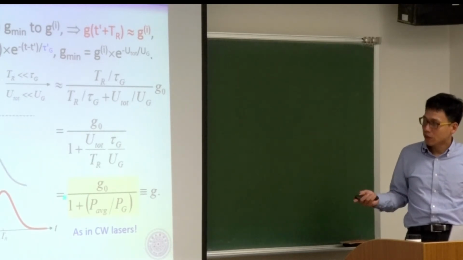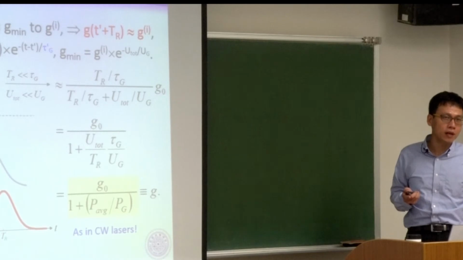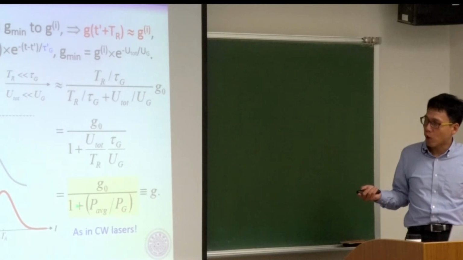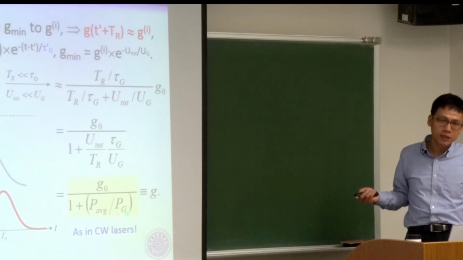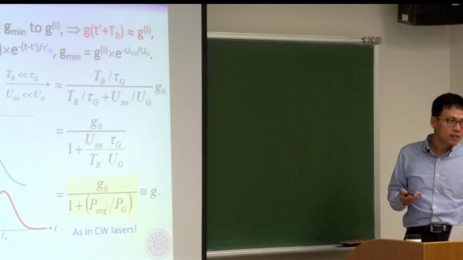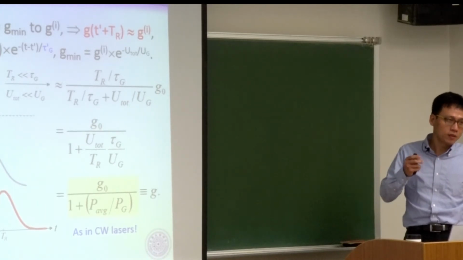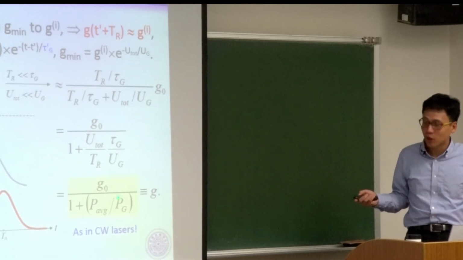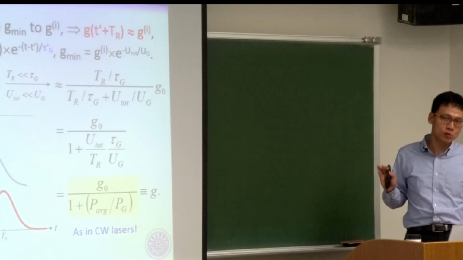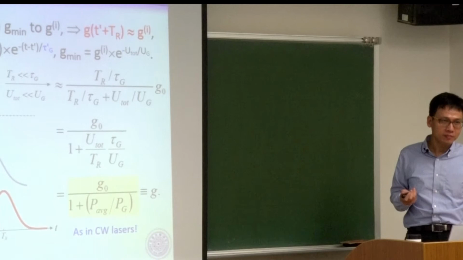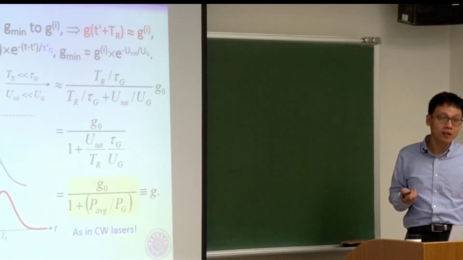And that constant can be precisely calculated by the CW laser gain formula. Small signal gain over 1 plus average power divided by the saturation power. So only average power is important. There is no information about the rise or fall of the pulse, right? This formula doesn't show the existence of pulses at all. It only cares about the average power. This goes back to the CW laser case. Okay, any question?